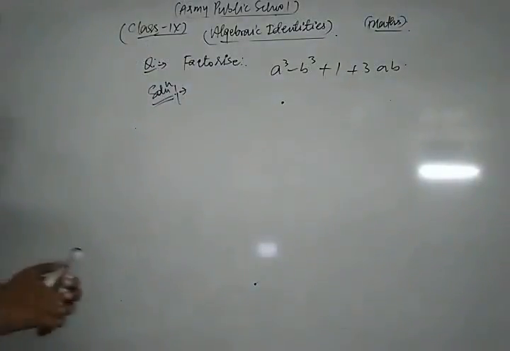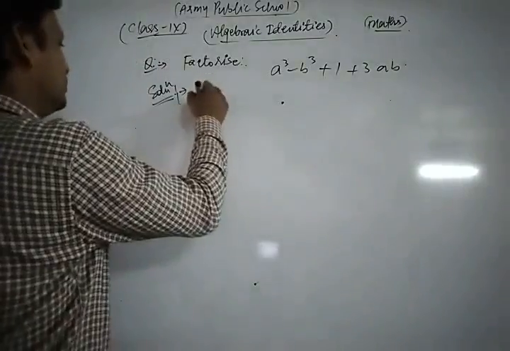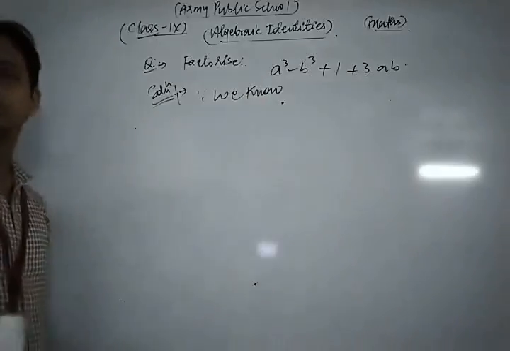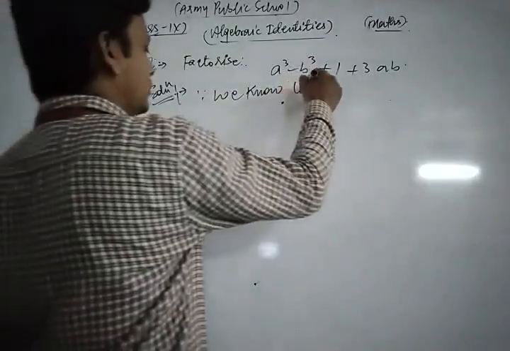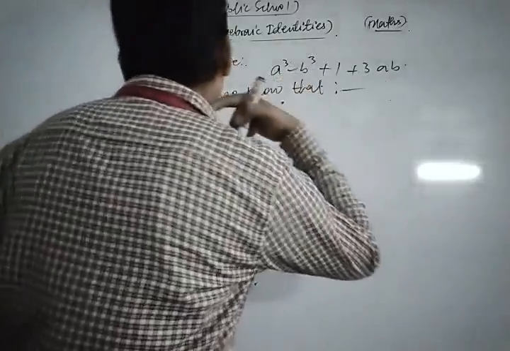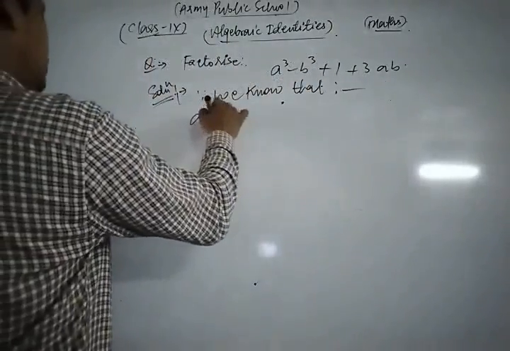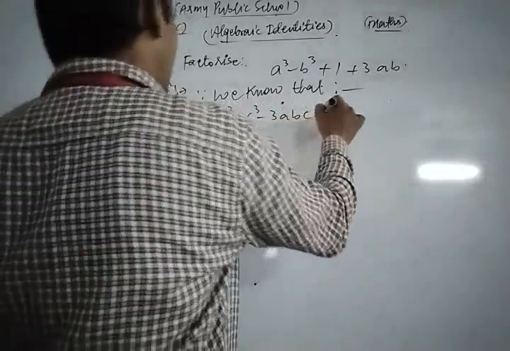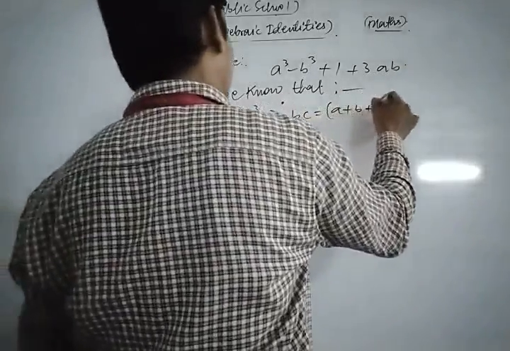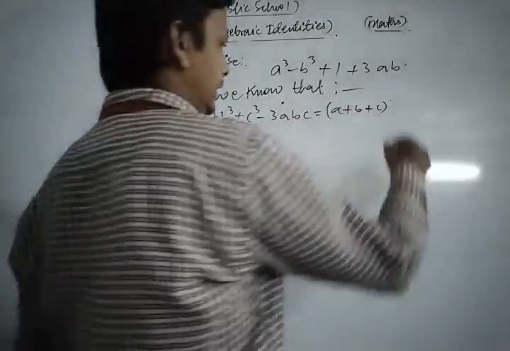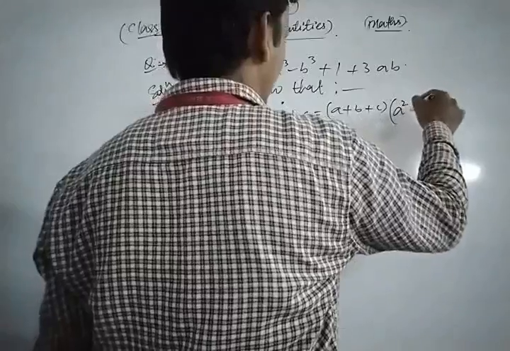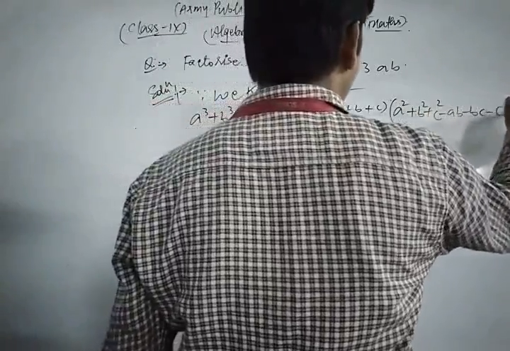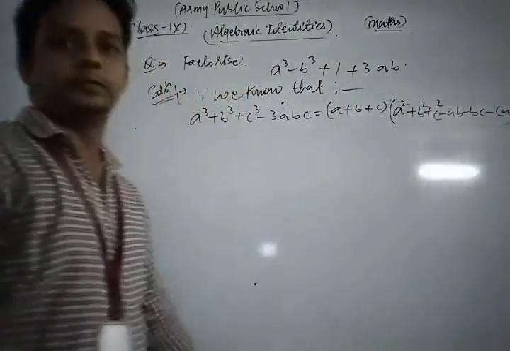So look, since we know that a³ + b³ + c³ − 3abc is equal to (a + b + c) in one bracket, and in another bracket a² + b² + c² − ab − bc − ca.